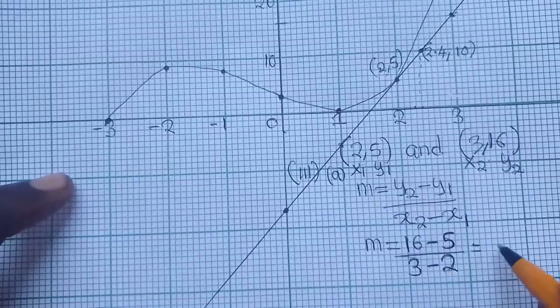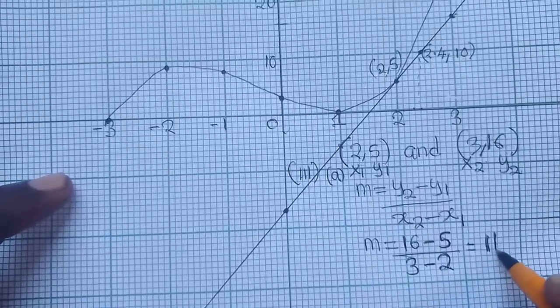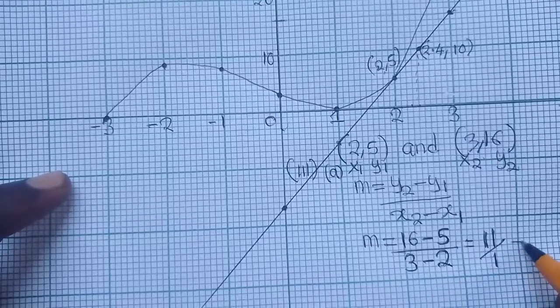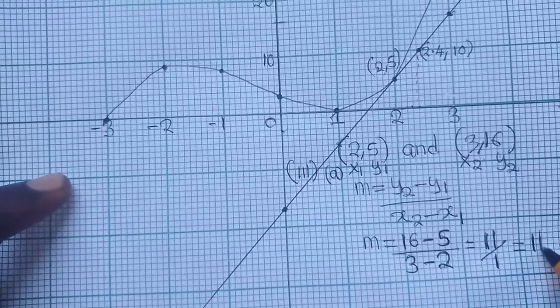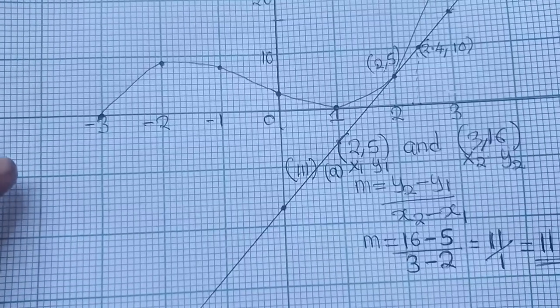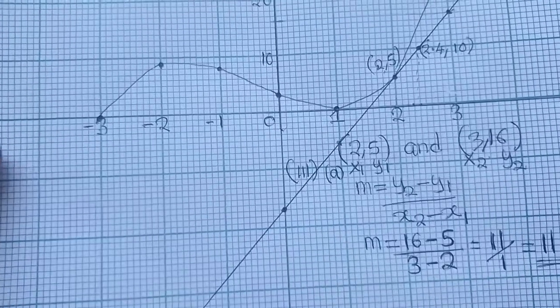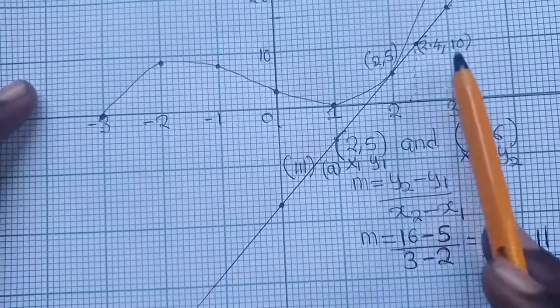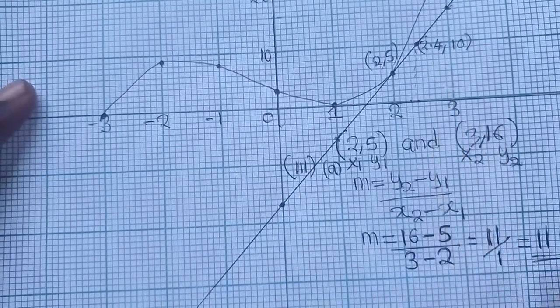Which is equal to what? 16 minus 5 is 11, over 3 minus 2, which is 1. So finally your answer is 11. This is your gradient. In an exam, if you pick another coordinate, you'll discover that the answer will be similar.